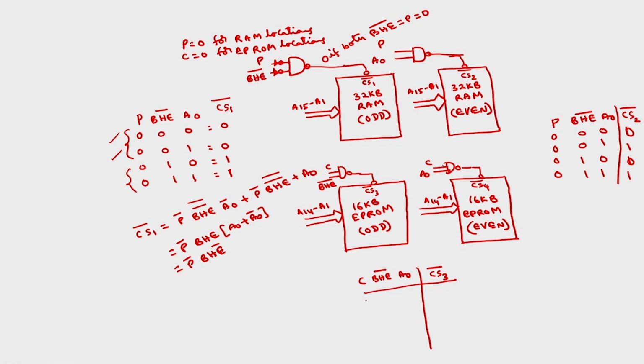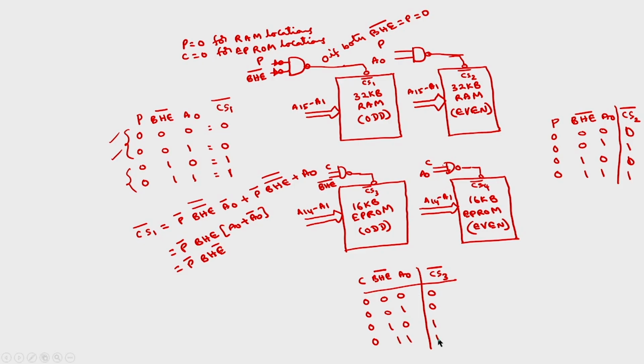C should be 0 for EPROM. If this is 0, 0, both the banks have to be selected, so chip select should be 0 so that it will be selected. 0, 1 means the high bank, which is odd, has to be selected. 1, 0 means only the even bank, so the odd bank should not be selected. 1, 1 means no bank will be selected.